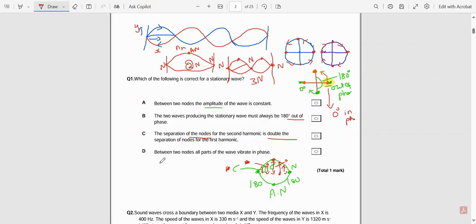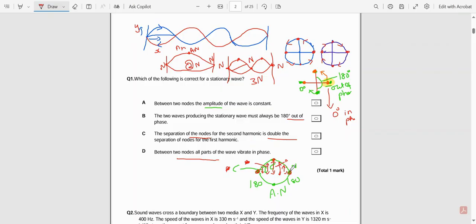And then the next one, between two nodes, all parts of the wave vibrate in phase. That is why it is giving some displacement. So in phase means it will give some displacement, that is, overall displacement will be there. Some amplitude will be there if they are in phase. If there is out of phase, then we will get only the node.